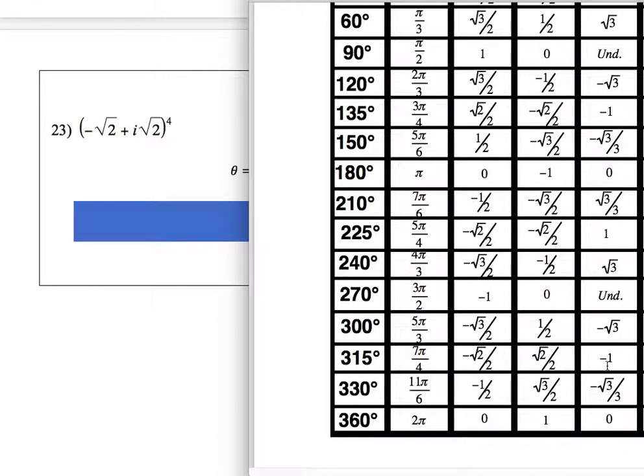Okay, so which one do you want to use? Well, we can either use 7 pi over 4 or 3 pi over 4, and it will help if you remember that if your x is negative, you have to add pi to that.